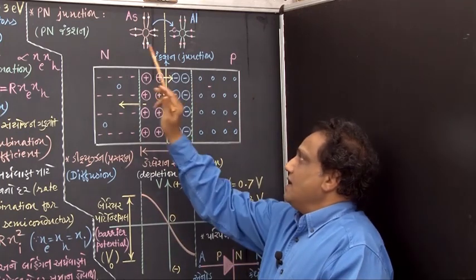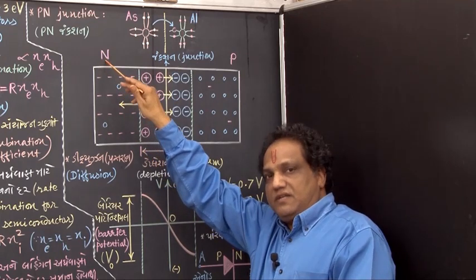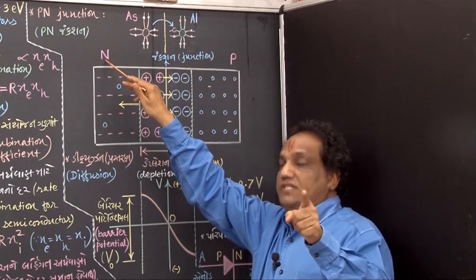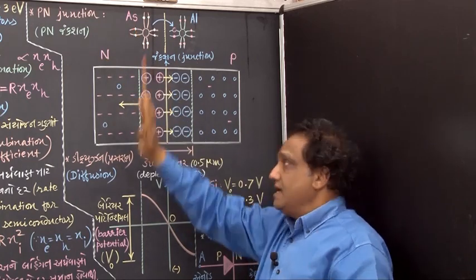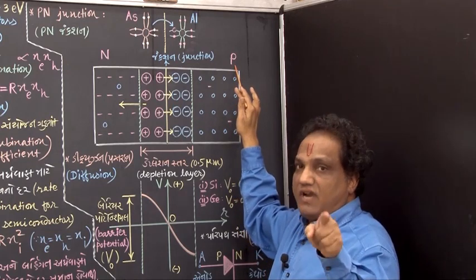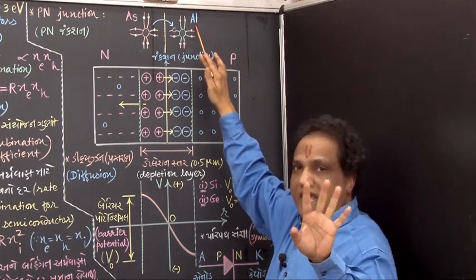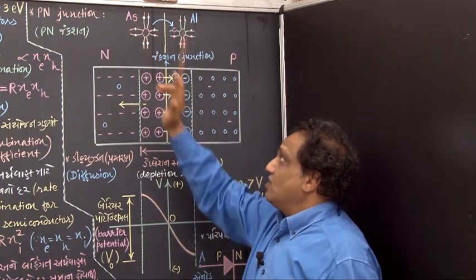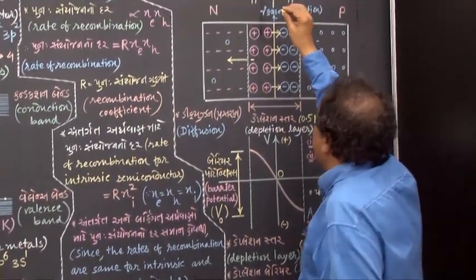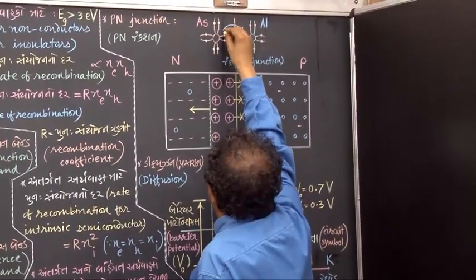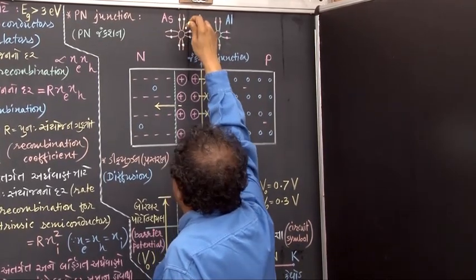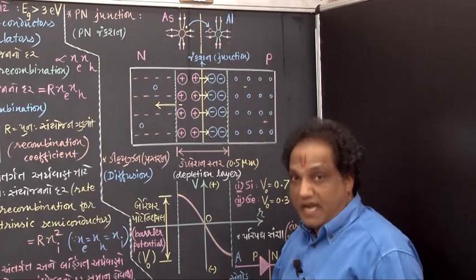Fine. Now when you join them, you know what happens immediately after that? Look. Here for N-type semiconductor, remember we had added pentavalent impurity such as arsenic. And here for p-type semiconductor we had added trivalent impurity, such as aluminum. What was the speciality of this arsenic? For arsenic it is pentavalent, and so all the covalent bonds are completely filled up and one more, fifth extra electron is left.